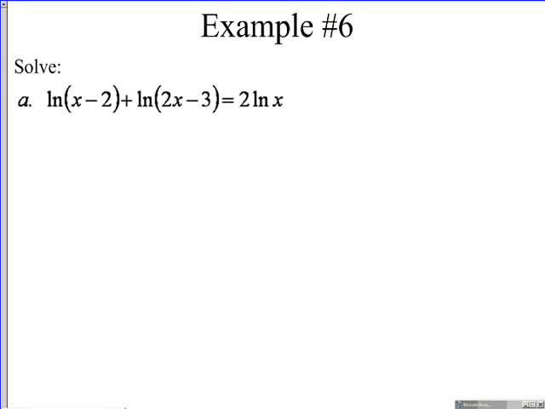Okay, example 6. Now we're moving on to logarithms on both sides of the equation. When we have logarithms on both sides, we want to condense the logarithms on each side so I have a single logarithmic expression on the left and a single logarithmic expression on the right. In this case, on the left, we have an addition of individual logs. If I want to combine that into one logarithm, we can multiply the arguments.